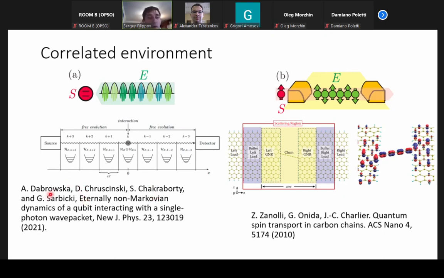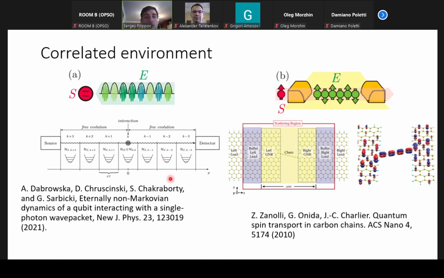For example, recently a paper by Dabrowska and co-authors studied the evolution of the system due to interaction with a single photon wave packet. And that single photon wave packet was considered as an excitation of the electromagnetic field, which is spread among many time-bin modes.